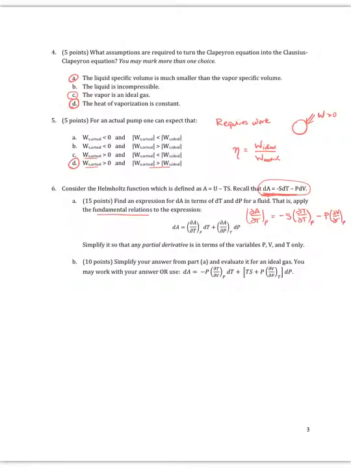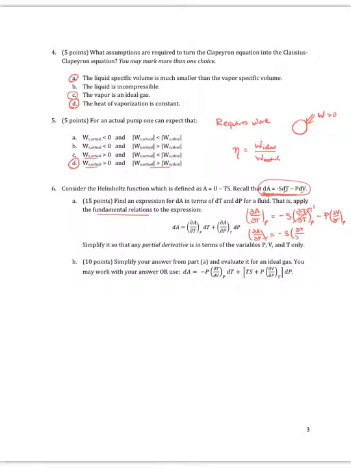In this case, dT at constant P, well, how does T change with T? It's 1. And so therefore I get minus S minus P dV dT at constant pressure. If I wanted to do dA dP at constant temperature, it is the same game. I'm going to turn the differential into a derivative. So I'm doing the same math operation on all of those differential pieces.